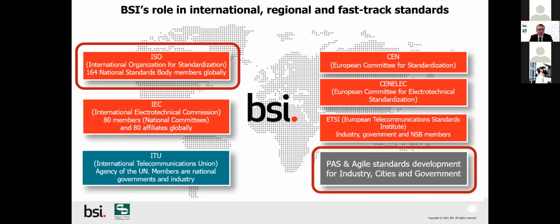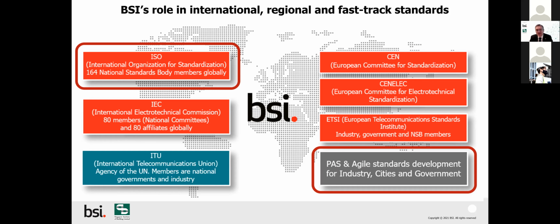So just before I hand over to one of my colleagues to explain in a little more detail, I just wanted to explain BSI's role, not just as the UK's national standards body, but also its work in supporting global standardisation through our support for ISO. So in the bottom right of this slide, you'll see that one of the areas that we've outlined here is our ability to shape what we call PAS standards, publicly available specifications and agile standards.